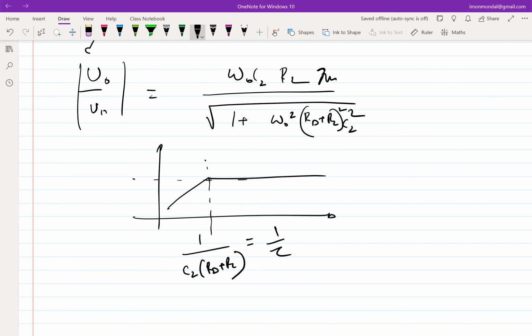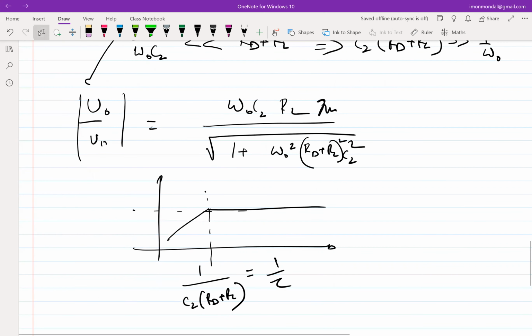So your time constant gets related to the corner frequencies of Bode plots for first order systems. And this should not surprise us, because ultimately, when you are giving a sinusoidal input and you are hoping that the capacitor acts as a short, we are essentially saying that the capacitor has to be large enough.